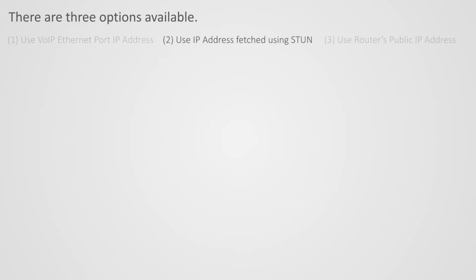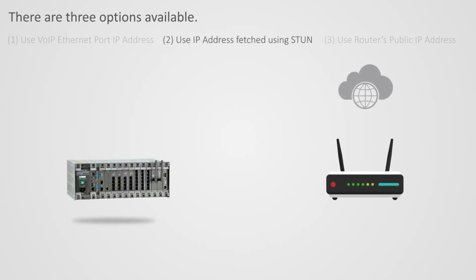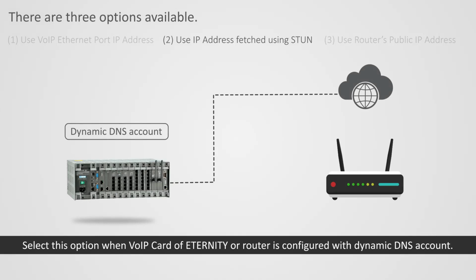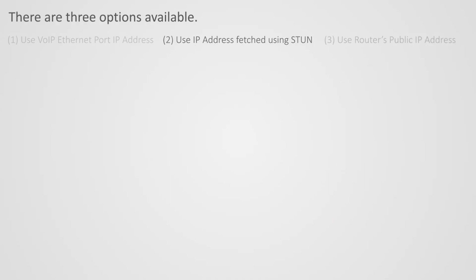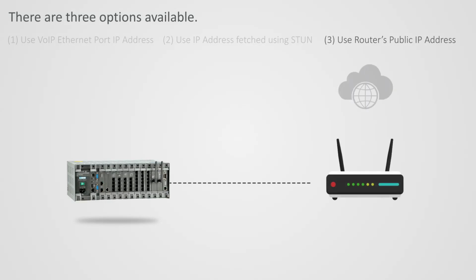Second, use IP address fetched using STUN. Select this option when VoIP card of Eternity or router is configured with dynamic DNS account. Third, use router's public IP address.